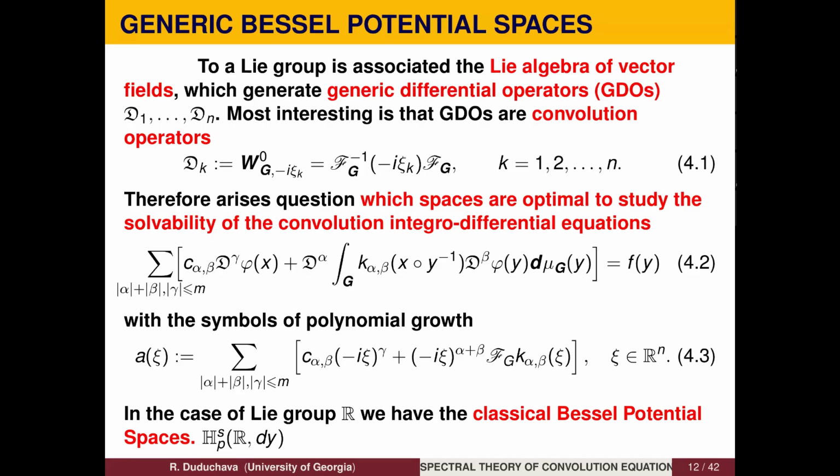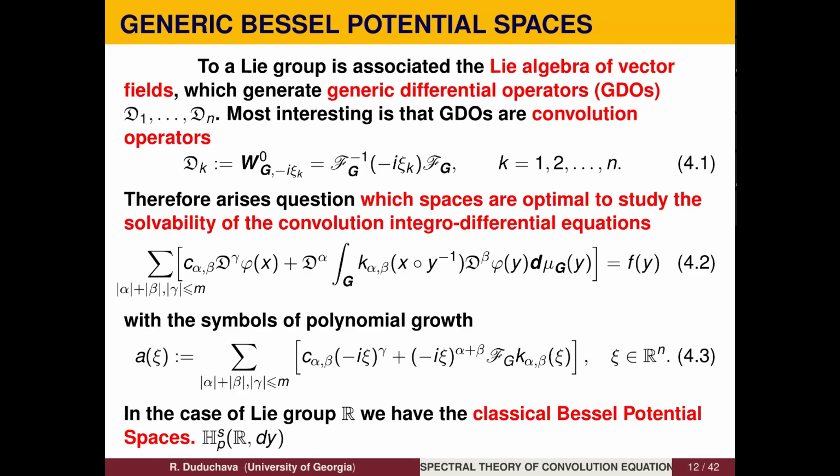And I will show you that the generic differential operators for different Lie groups are different. For the classical group R, I mean on the axis, it's the classical derivative, just the classical derivative on Rn. You take partial derivatives. They are generic for this Lie group.